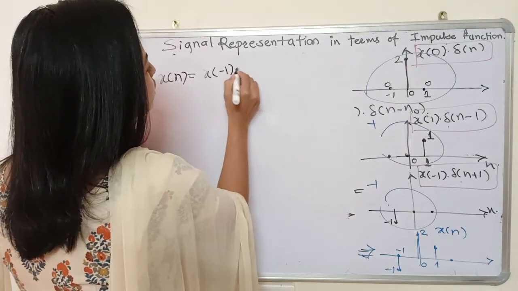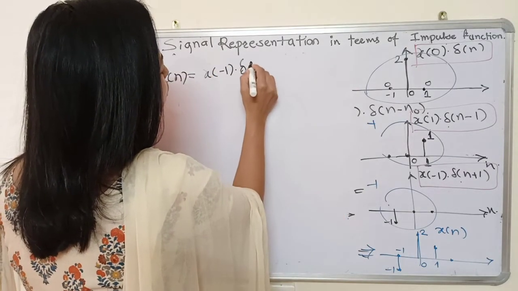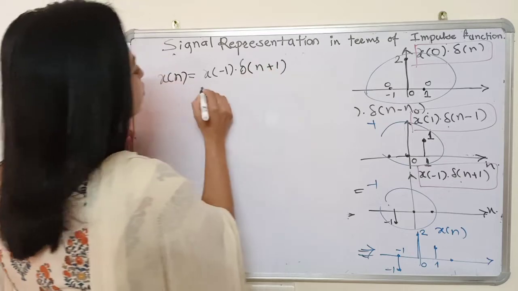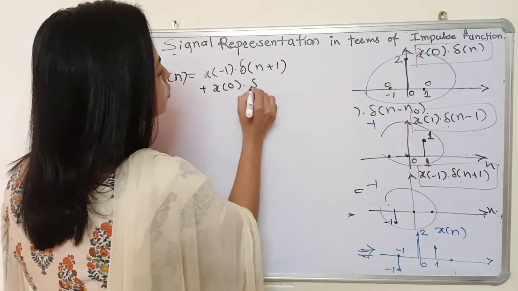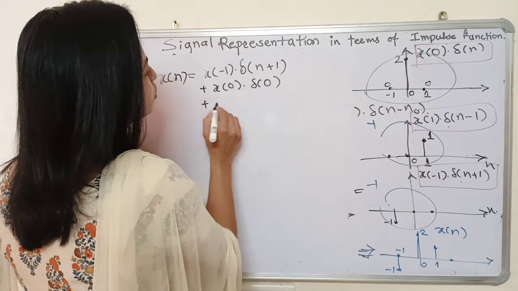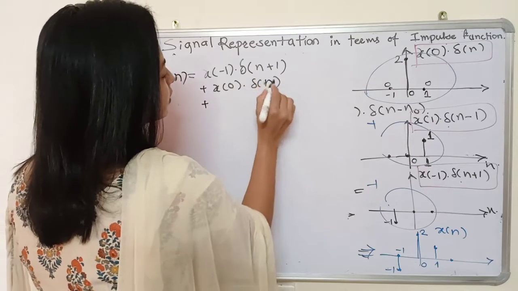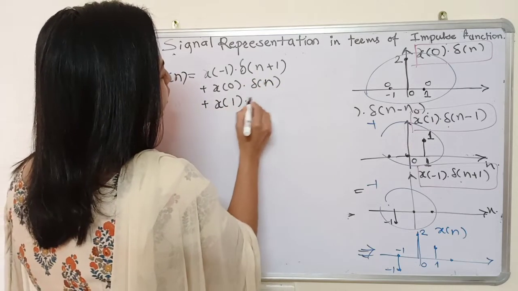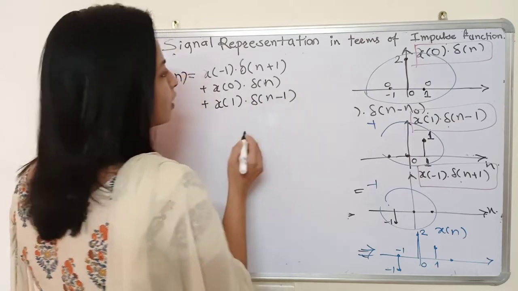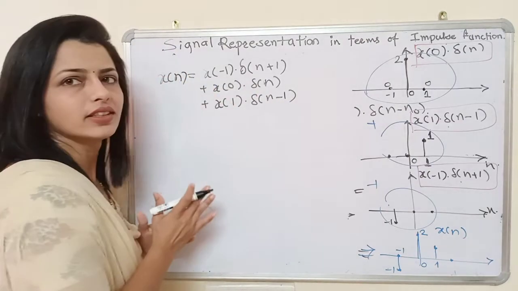X of -1 into del of n plus 1 plus x of 0 into del of n plus x of 1 del of n minus 1, like this. Simply we can write like this.